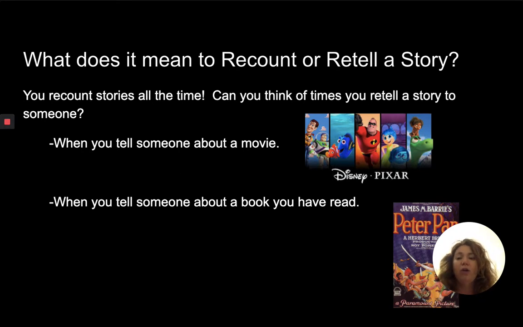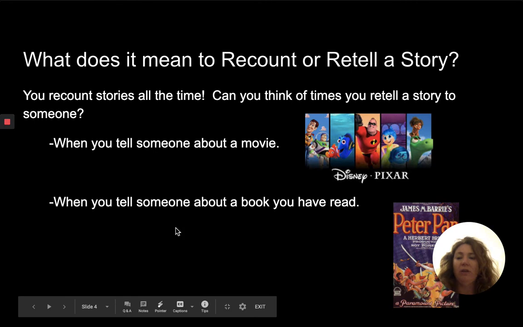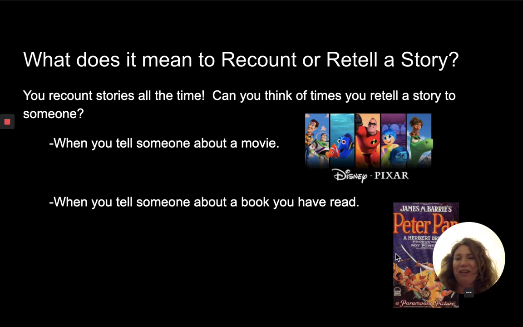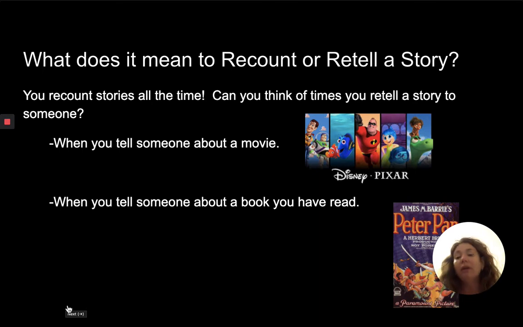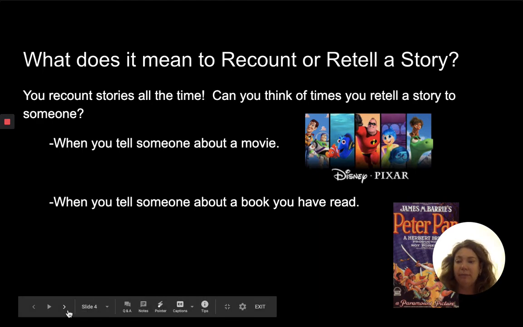Okay, so when you tell someone about a movie, or when you tell someone about the book you've read, like Peter Pan, which we read together. Everyone's read Peter Pan now. So I hope you went home and told your parents or retold them about Peter Pan.